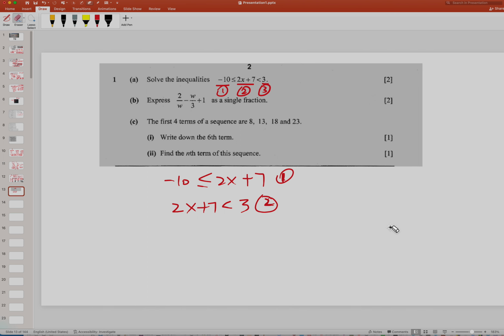For this one, right, so I have to bring back the positive 7 to the 3. Yeah, yes.